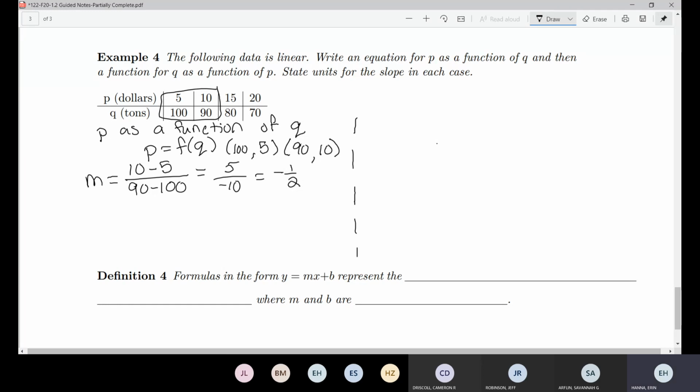Now I get to pick, actually I should have done this before. We have y equals mx plus b, and we have y minus y naught equals m times x minus x naught. I know this isn't going to help on teams, but if you're here in class, raise your hand if you prefer y equals mx plus b. Raise your hand if you prefer the other way. A handful, but not really.